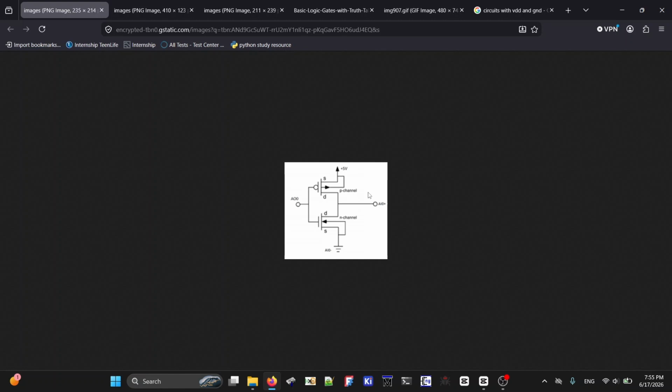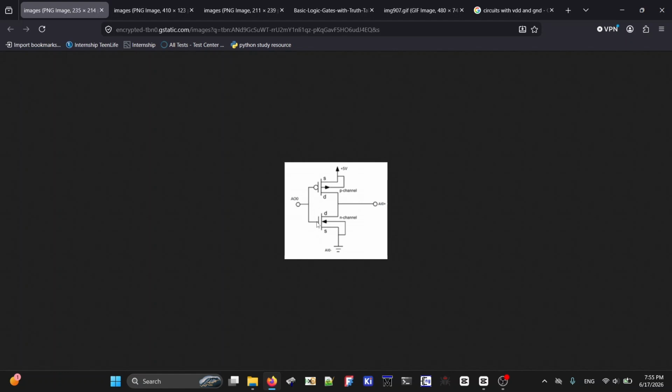And let's just look at that with a simple inverter over here. If this inverter is given an input of a 1, it'll go to both of these, and the PMOS will turn off, because remember, only when an input of 0 is given to the PMOS does it turn on. So PMOS doesn't turn on.